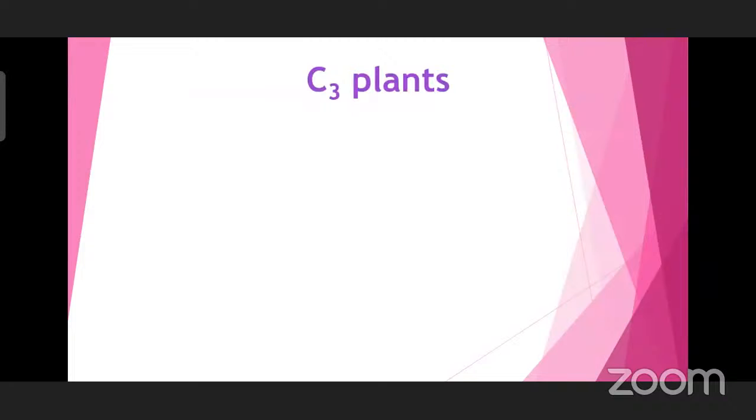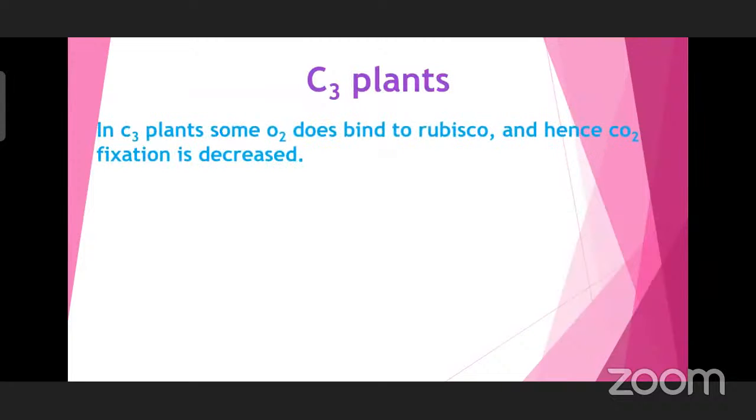Now C3 plants. C3 plants means the plants which will undertake Calvin cycle, they are called C3 plants because the first stable product formed is phosphoglyceric acid. In C3 plants, some oxygen does bind to Rubisco and hence carbon dioxide fixation is decreased.